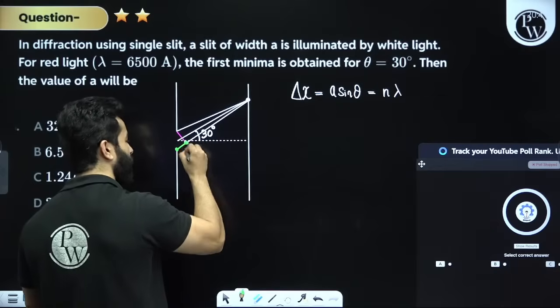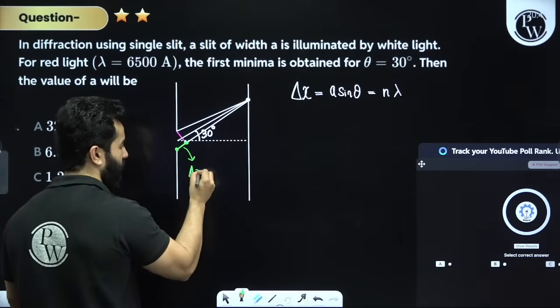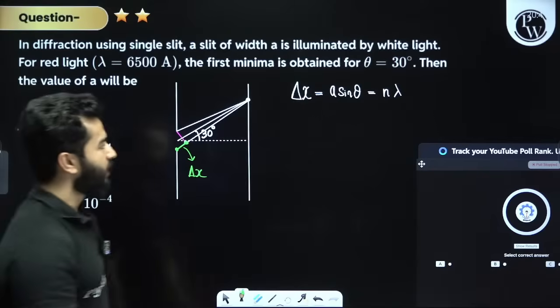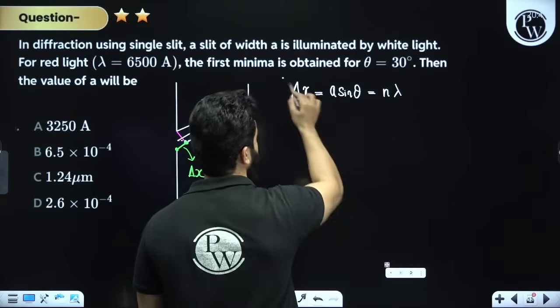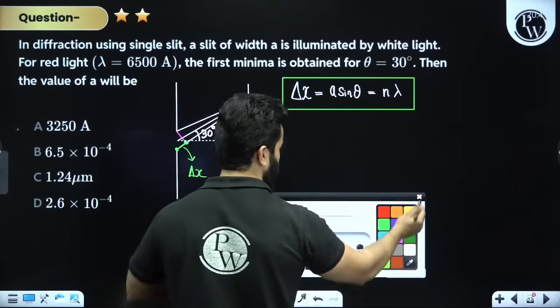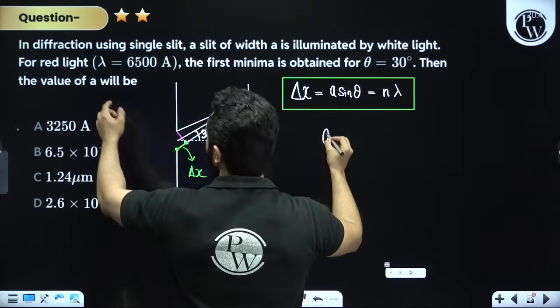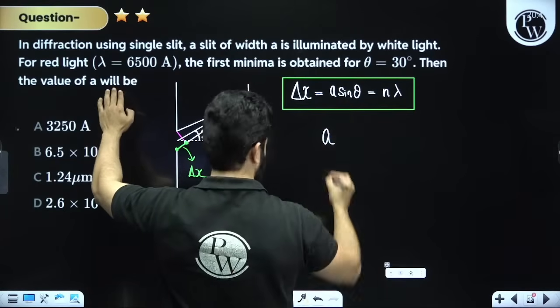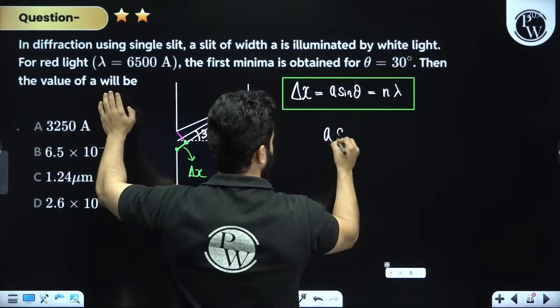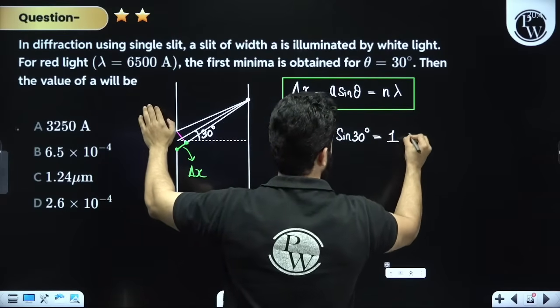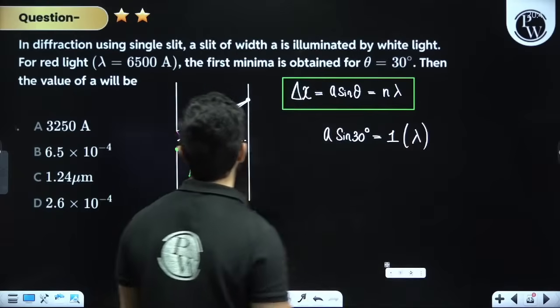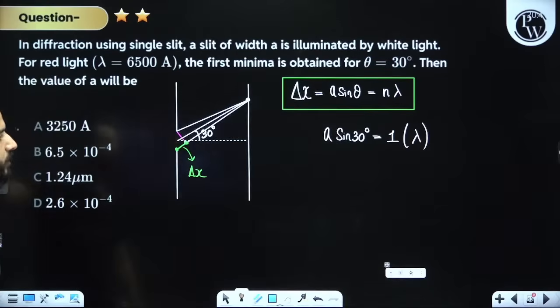This length is your delta x. So a sine theta is equals to n lambda, which means that we need to find out the value of a multiplied by sine 30 degree is equals to 1 into lambda.